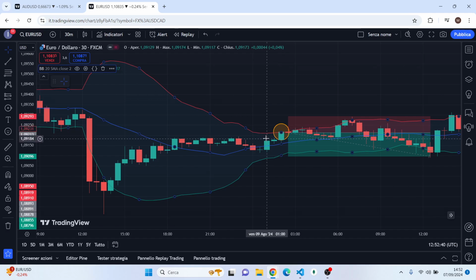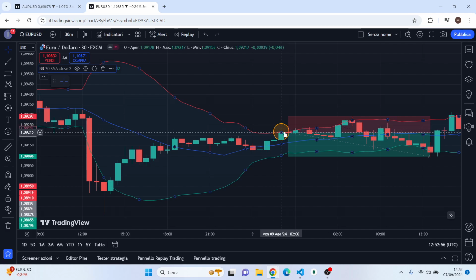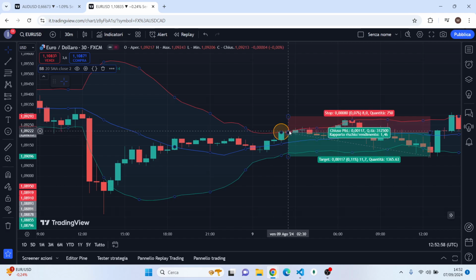So I told my software to check at least 15 candles, and in this case the condition is matched. Then you have to check that the last candle closes above the Bollinger Bands up line. So here it happens, and then you can open a short position.